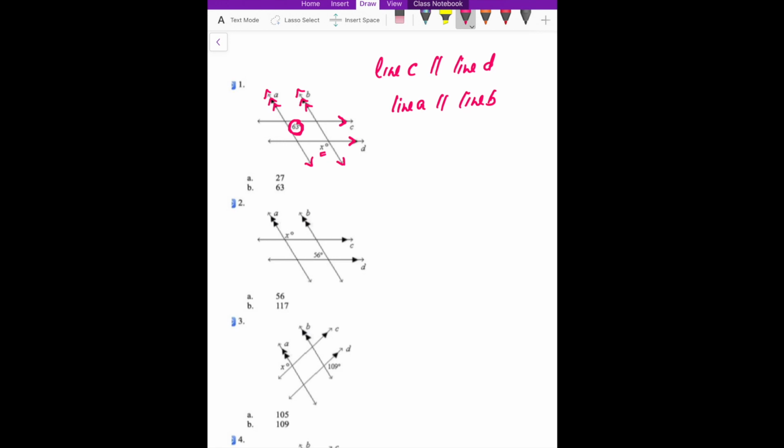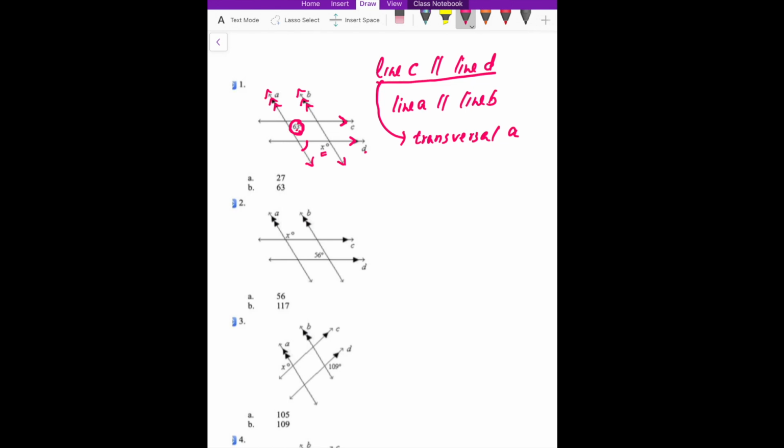If I take line C and line D and the transversal as A, 63 is on the right side of the transversal A and below line C. So I need to pick an angle that is with line D and on the right side of A and below line D. So this angle is going to be 63 degrees.